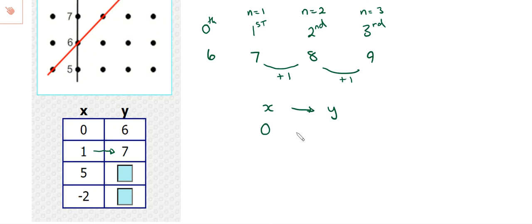If I put 0 in, I do something to it, what comes out? 6. All right, what's the rule? Well, you're quite good at this now. Let's ignore that to start with. Let's just do what we were doing before. If it's +1, it's un equals 1n. Do we write 1n? We just write n.